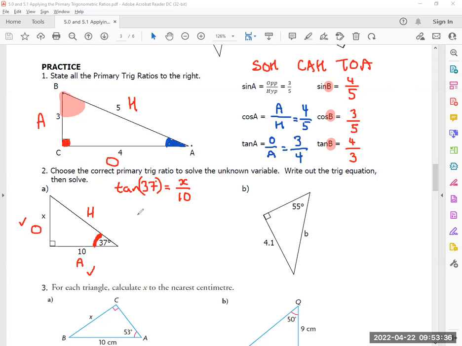Ready? So tangent of the angle 37 will give me a relationship between the far side and the bottom side. Well, I don't know what tan 37 is. That's where the calculator comes in. Take your calculator and type in tan 37.